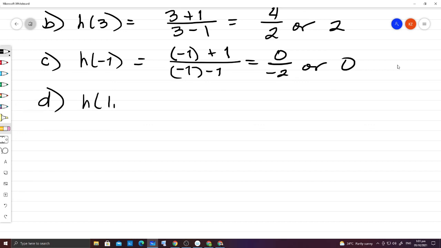What's the next one? Okay. H of 1.5. I will make it 1.5 to make it easier. So how to answer this? 1.5 plus 1 over 1.5 minus 1.